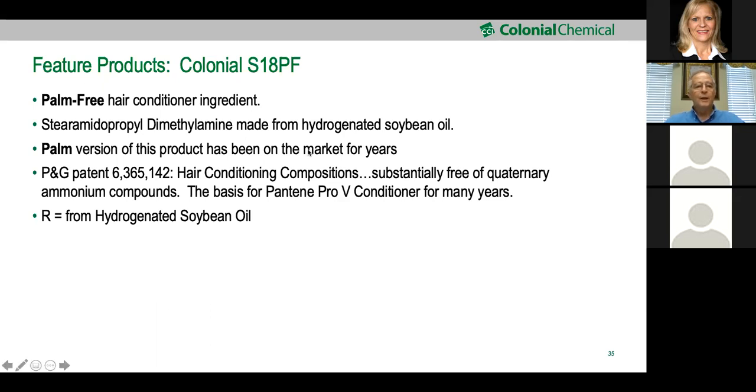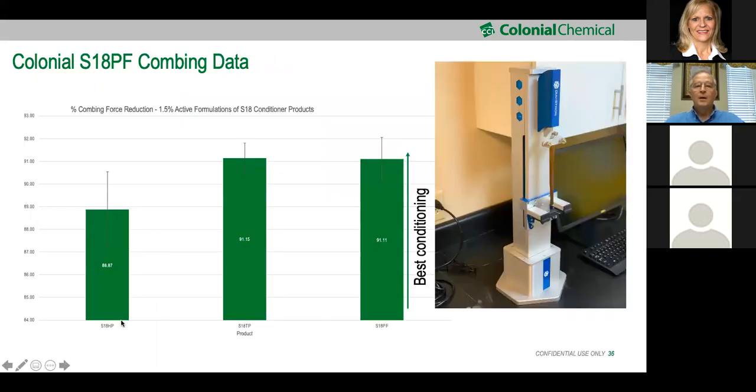So if you go to the next slide, one of the things that we might do is, obviously, if it's going to be in a conditioning formulation, we'd want to prove it conditions. The picture is of a Dia-Stron unit, and we'll take a closer look at that in the next slide. But before we do, basically what you do is you mount a tress and you treat the tress with some type of formulation, and you try to demonstrate that you have some kind of conditioning benefit.